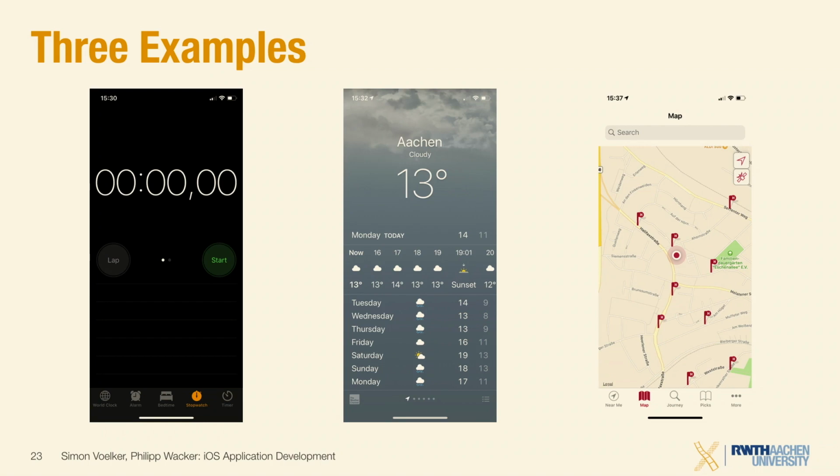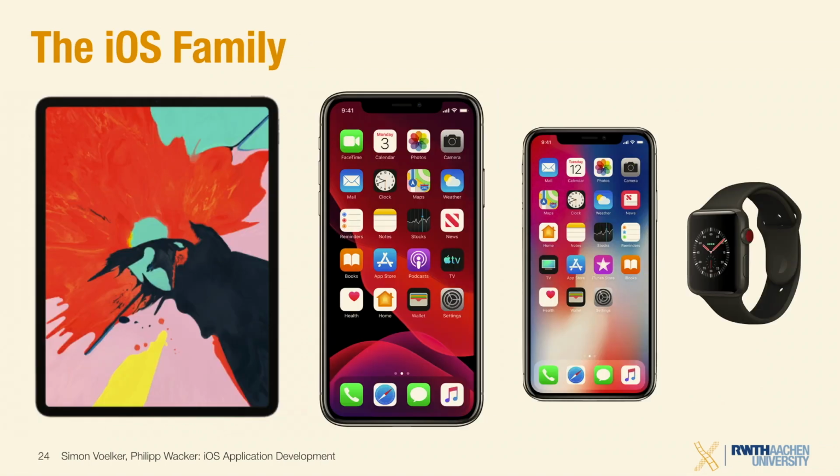Okay, I will go a little bit into the iOS family here, so talk a little bit about design implications of this one. So these are just 4 examples of the iOS world. The iOS world is now watches, tablets, smartphones in a large variety of different sizes and ratios.